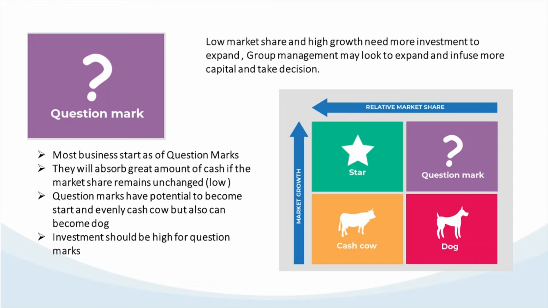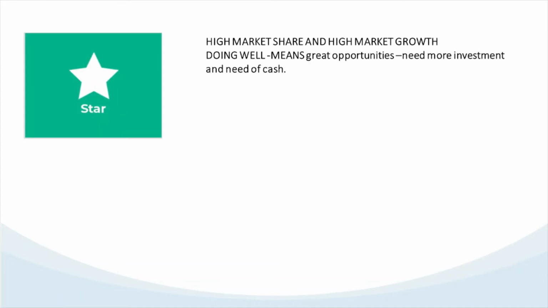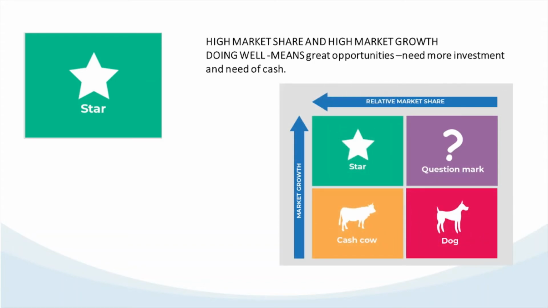So this is the very first quadrant of the BCG matrix. Now let's move on to the next quadrant, which is star. Star means high share and high market growth.